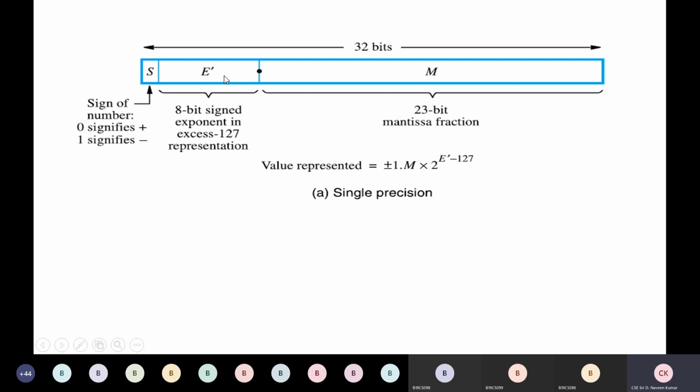So in total 256. As there are -127 to +127, the exponent can represent positive exponents and also negative exponents. The main purpose of this XS127 representation is to represent positive and negative values. We already know that we can represent positive and negative values with 2's complement also.